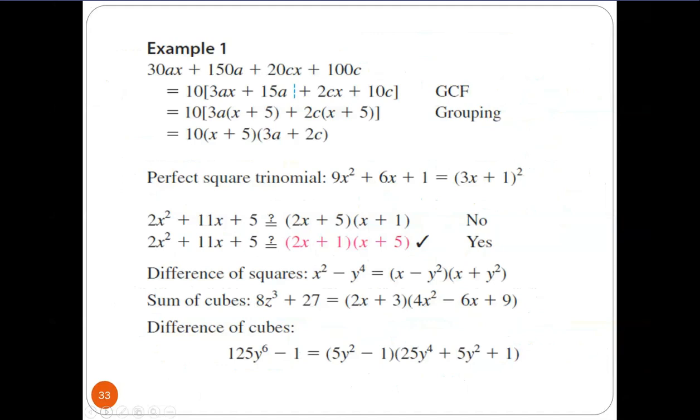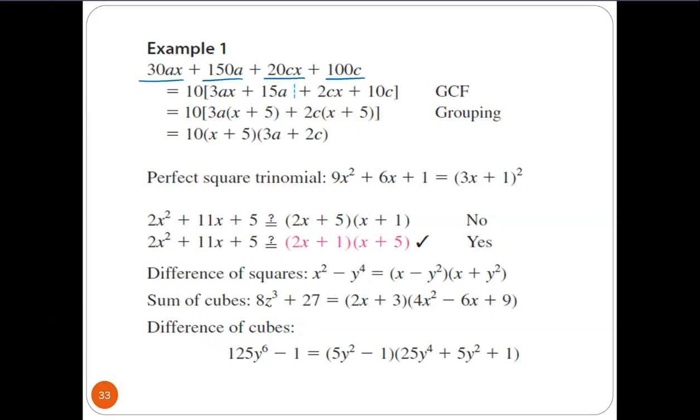Look at these examples. The first one, if we have four terms. Firstly, before that, we must find the greatest common factor if it exists. Always, if it exists, we take it.